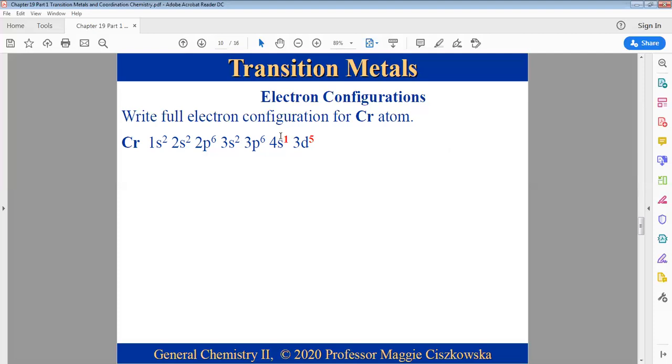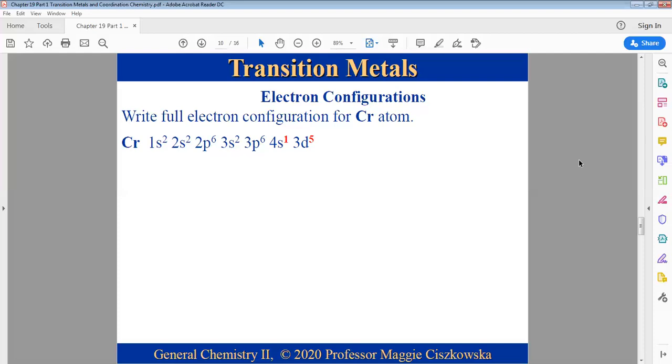Therefore, instead of 4s2 3d4, this configuration brings us lower energy, so it is the preferred situation, when 1 electron from orbital s is promoted to orbital d, and this is one of the exceptions from the rules. The other exception is when we have s2 d9, then 1 electron is promoted here and we have s1 d10.